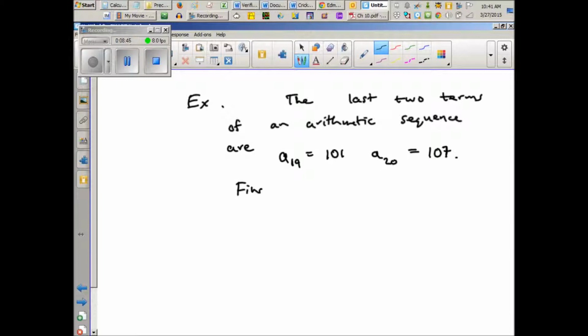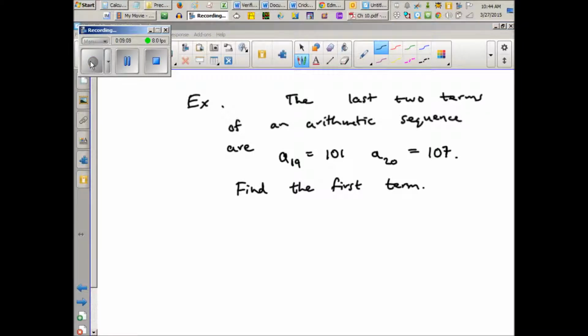Find the first term. Okay? So see what you can do with that. You can use the formula as much as you want, but it sets up a little differently. You're actually not looking for the last term anymore. You're looking for the first term, so you're going to have to use a little bit of application there.